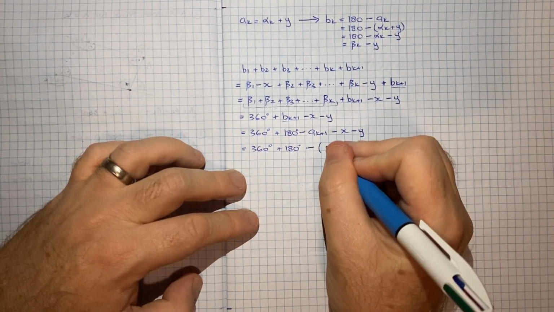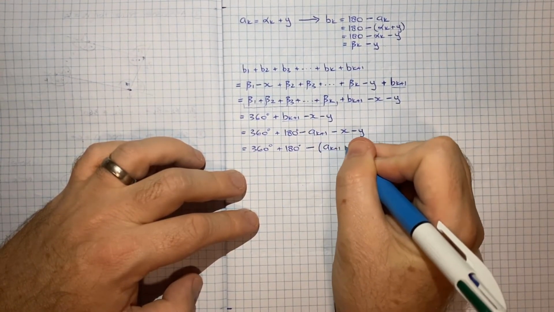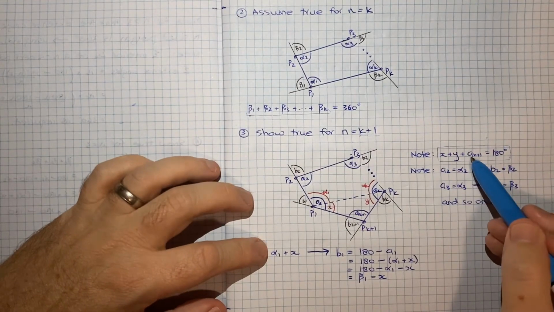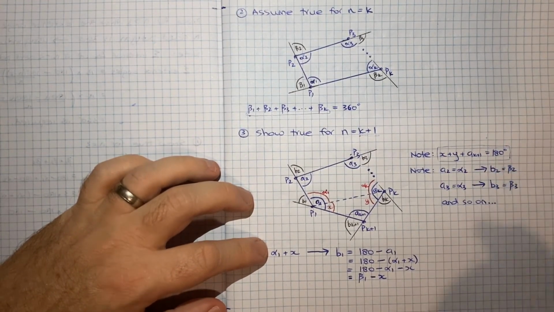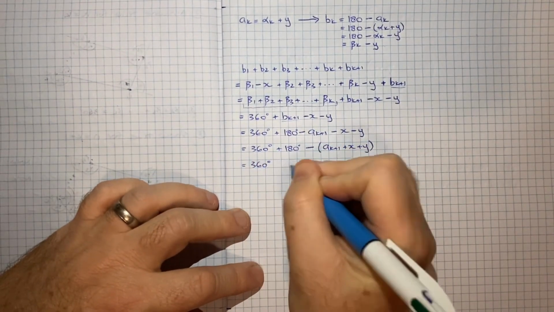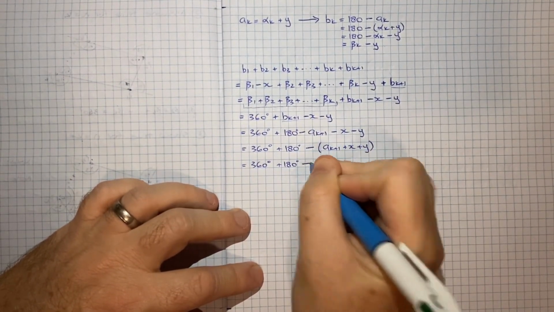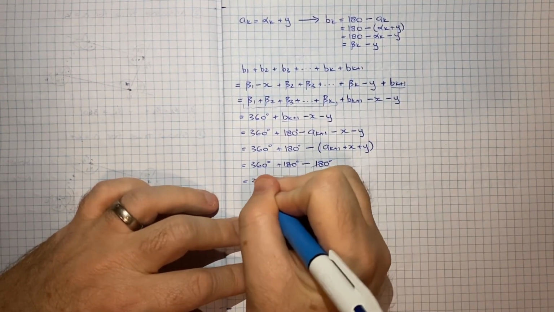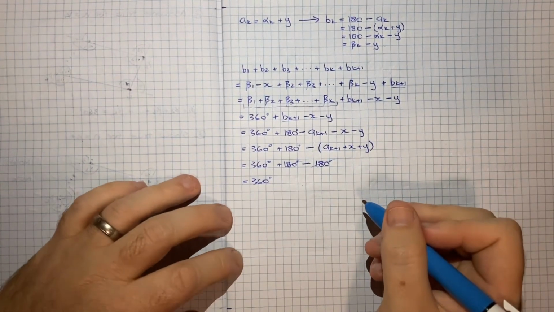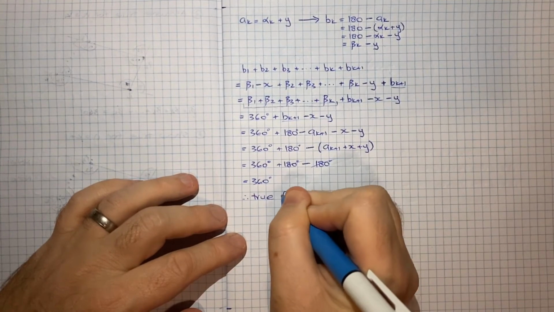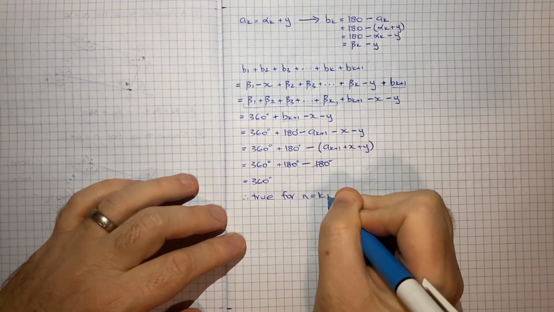So we'll get ak plus 1 plus x plus y. And this is where we can now come back and have a look at this link, because ak plus 1 plus x plus y, that's 180 degrees. So I can write this as 360 degrees plus 180 degrees minus 180 degrees. These two cancel, and that leaves us with the 360 degrees. So therefore, it is true for n is equal to k plus 1.